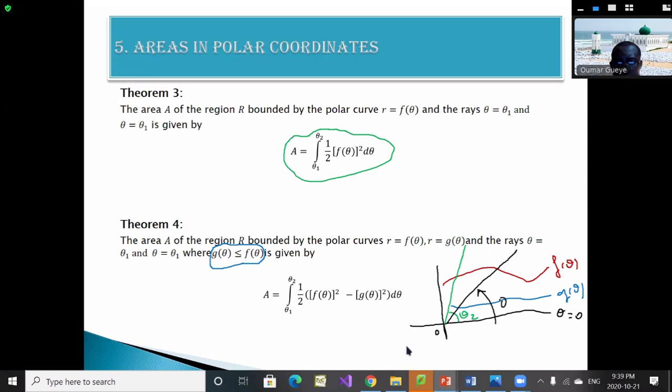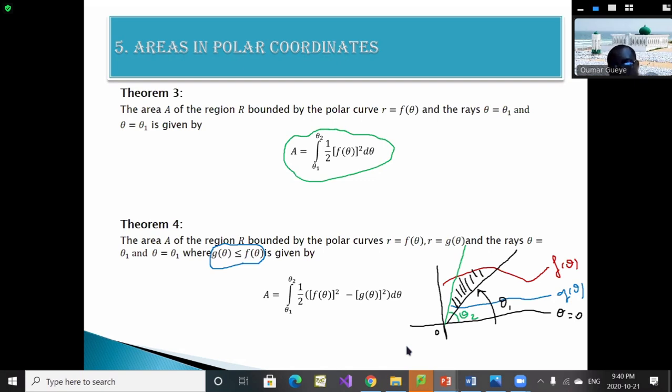This is theta 1. Okay, so theta 2 is greater than theta 1. And we want to calculate this area between the two curves, when theta is between theta 1 and theta 2. This is what we're going to calculate.